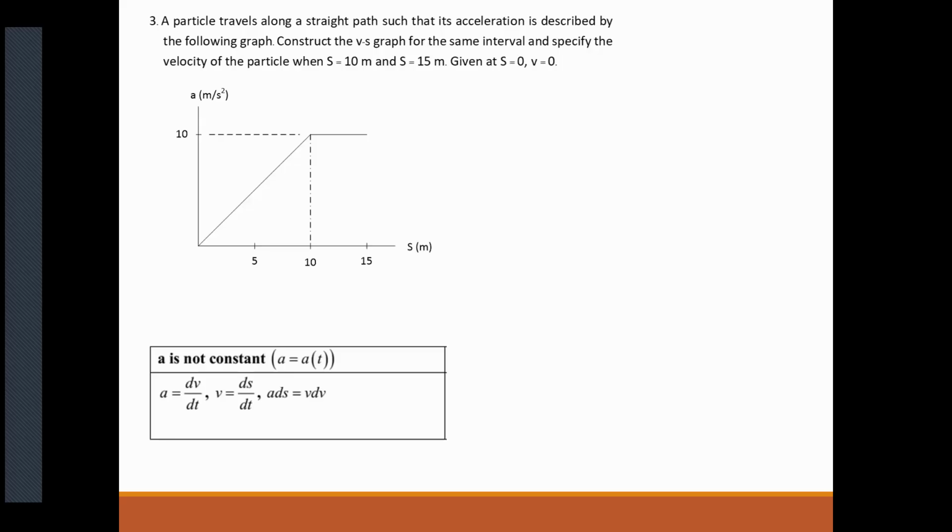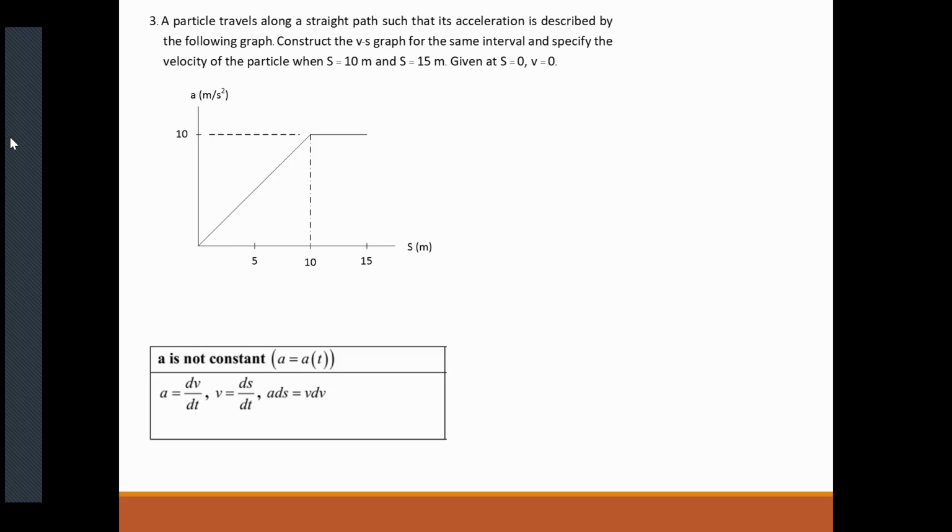So for this electric motion problem, we start with the AS graph. We know the AS graph instead of VS, and we would like to construct the VS graph. This is not the same as AT, ST, and VT, where we just directly integrate and get the result.